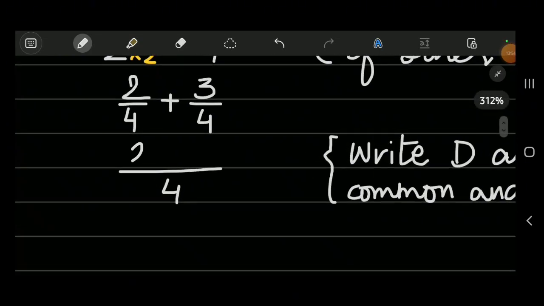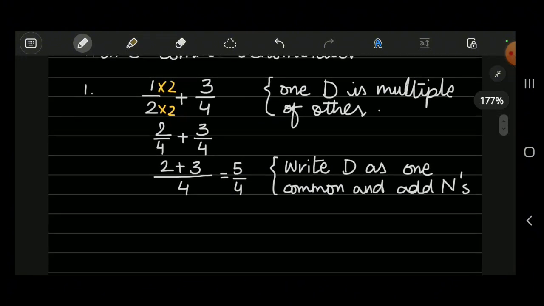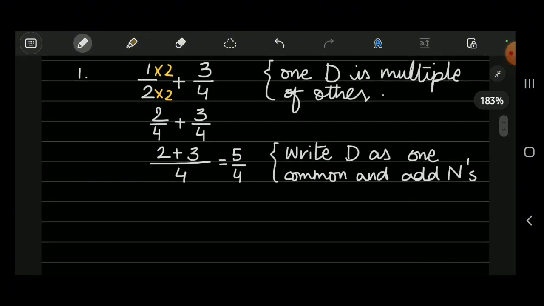So this will become 2 plus 3 equals 5 by 4. This is one type of question that you are going to encounter.